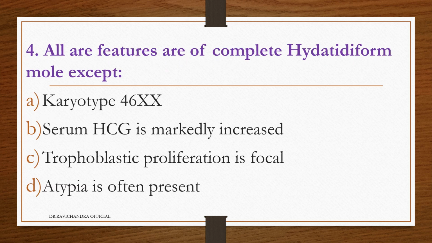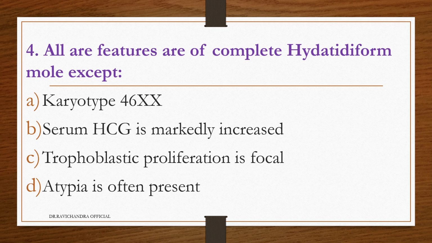Coming to the next question, all are features of complete hydatidiform mole except: option A, karyotype 46XX; option B, serum HCG is markedly increased; option C, trophoblastic proliferation is focal; and option D, atypia is often present.